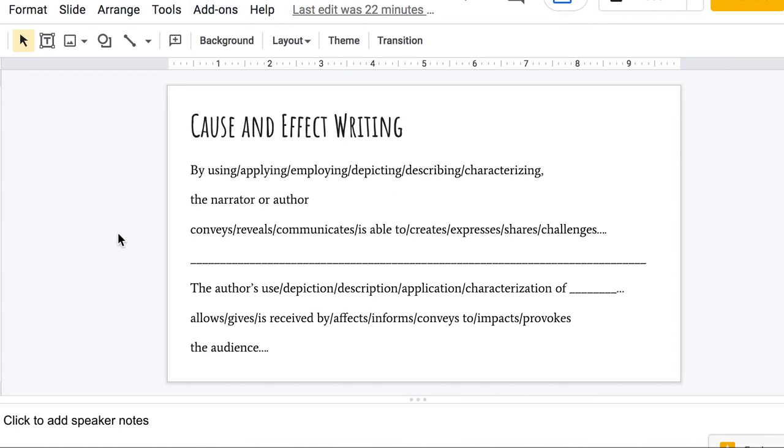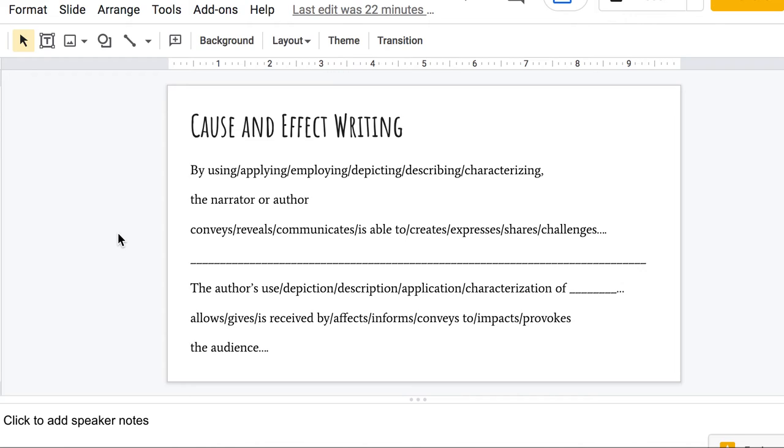So we talked a little bit about cause and effect writing, right? If you're composing, let's say, a newspaper article, or you're doing a video, and you are using, let's say, invective language, you would be saying by using invective or implying invective language or employing invective language, this conveys or reveals or communicates a particular idea, right?